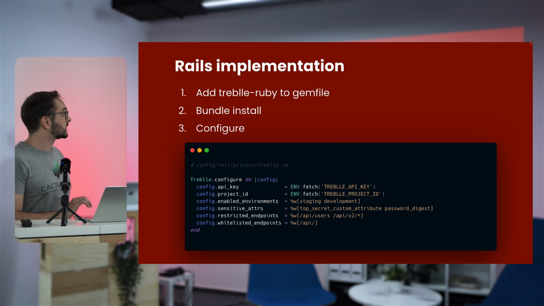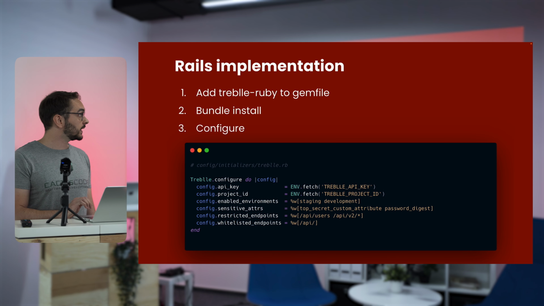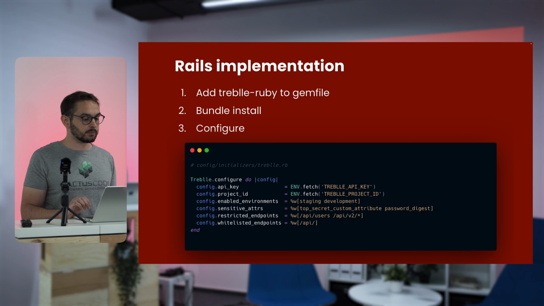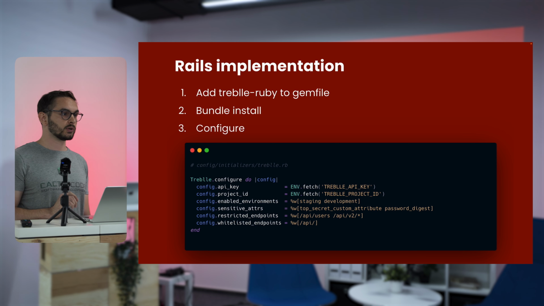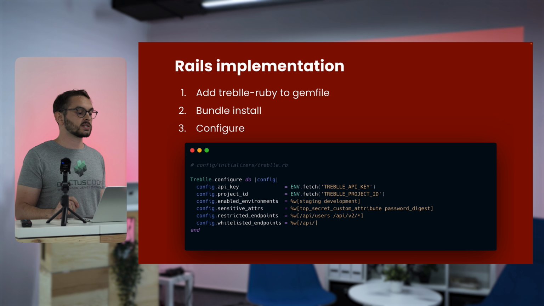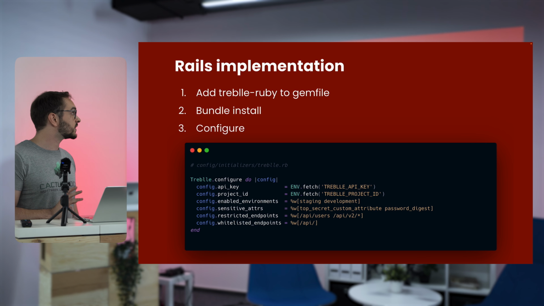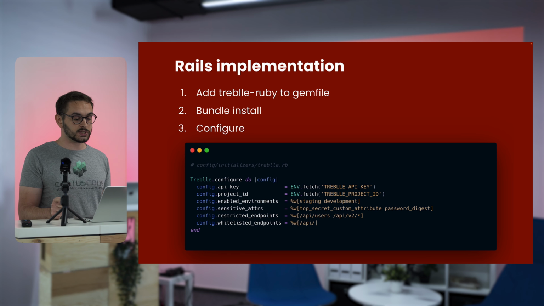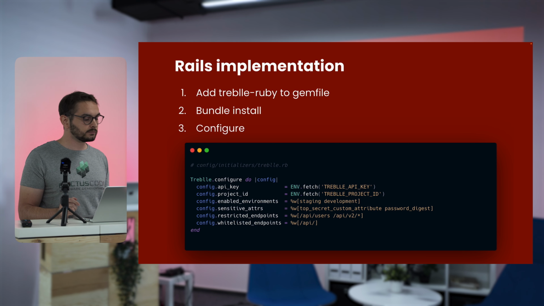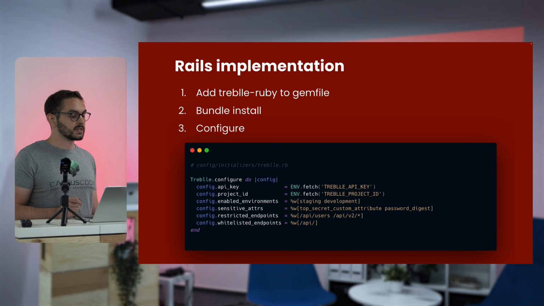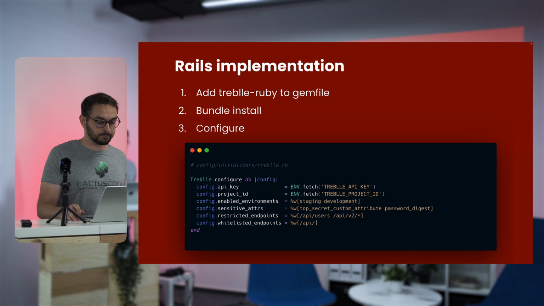So we talked about our requirements at the beginning, and one of them is really important, and that's easy implementation into your application, which means you can do this in three steps. First is adding the gem to the Gemfile, as you know, installing it by bundle install, and the last one is configuring the gem.